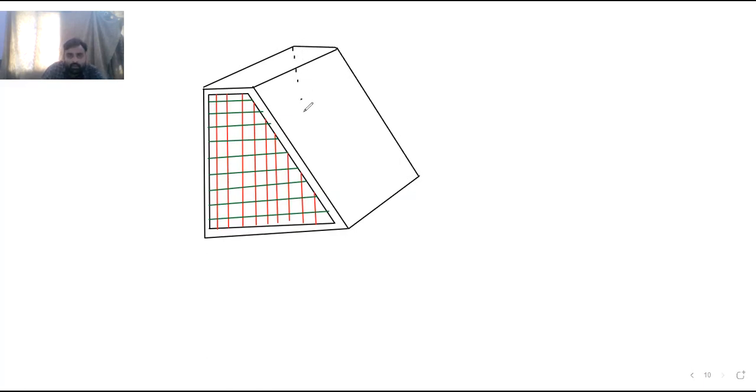This will be the perpendicular, and these 2 points will join, and it is joined over here like this. Okay, so this is your counterfort structure.